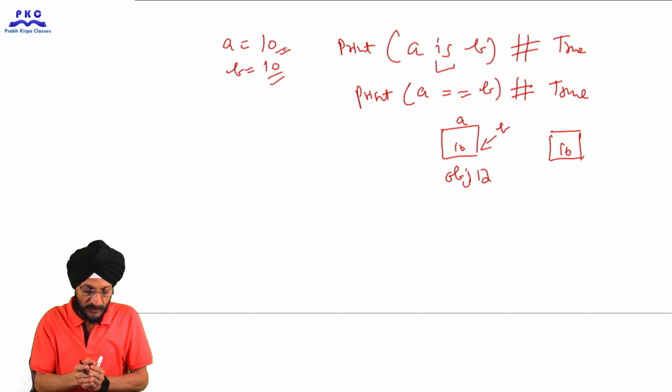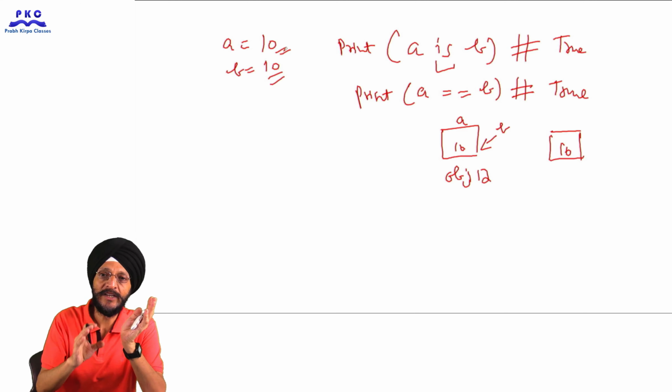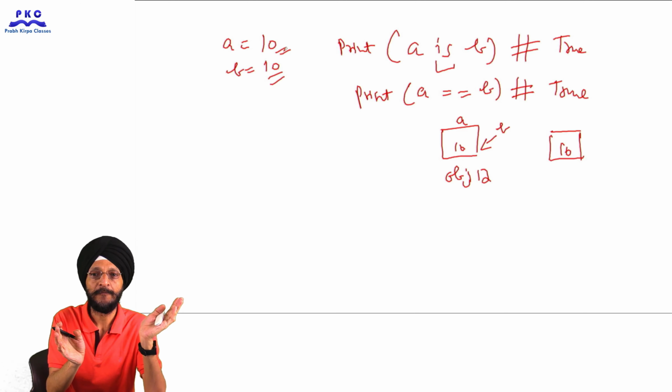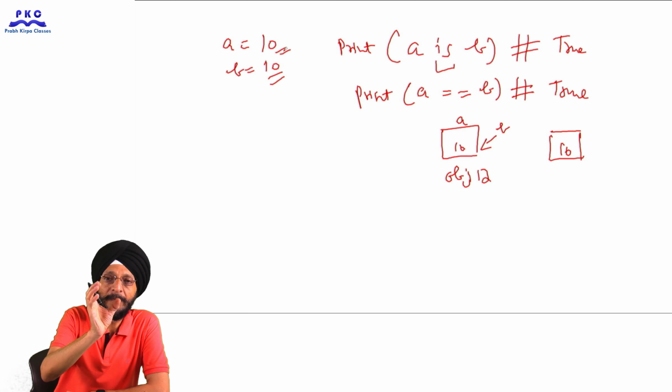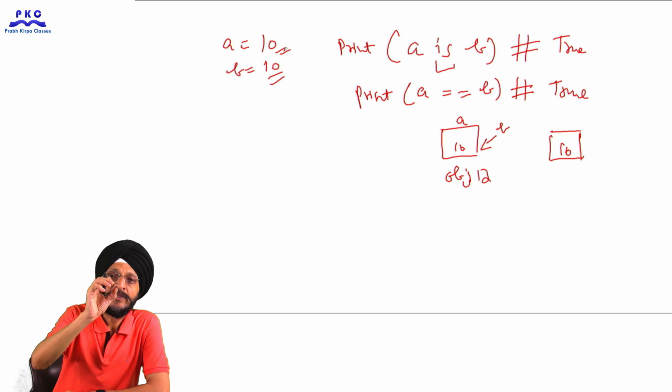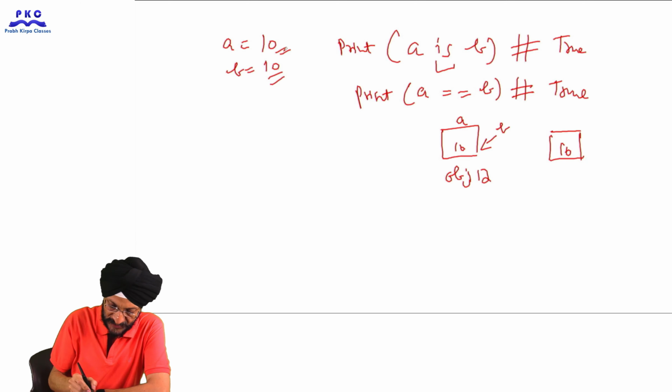So though the result of both is the same here, the working is different. One is comparing the memory location, whether two variables refer to the same object in memory.